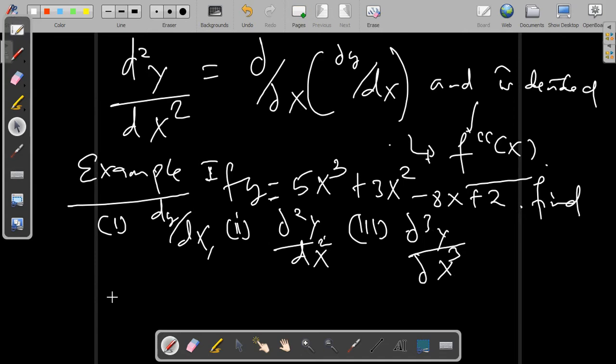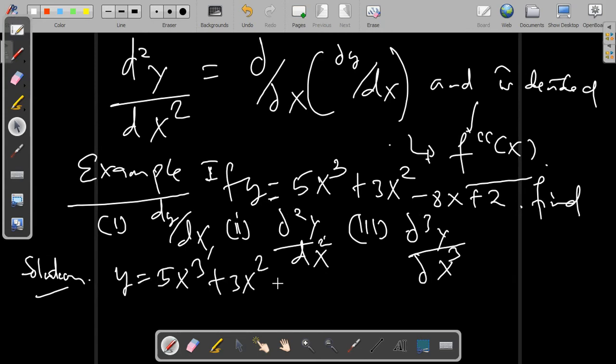So, solution. The first order derivative will be taken from the equation of y, which is equal to 5x cubed plus 3x squared minus 8x plus 2.